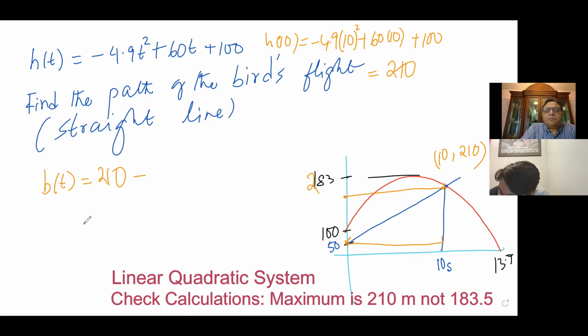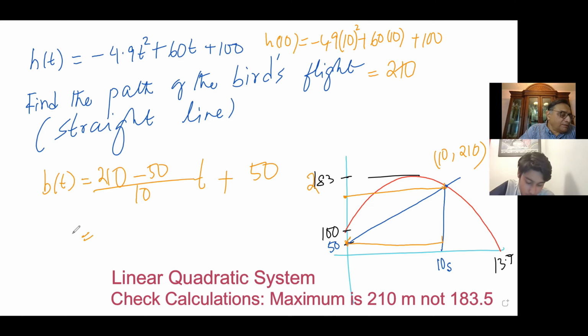So 210 minus 50 over the time, which is 10 seconds, times t, plus the starting height of 50. That is your equation. Is it okay? Yes, sir. So that is the equation for the bird.